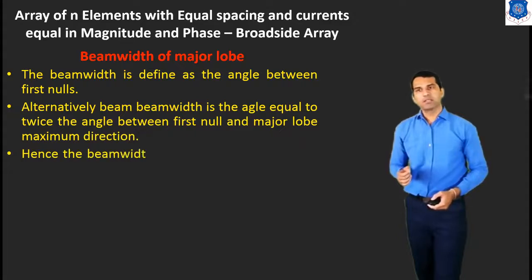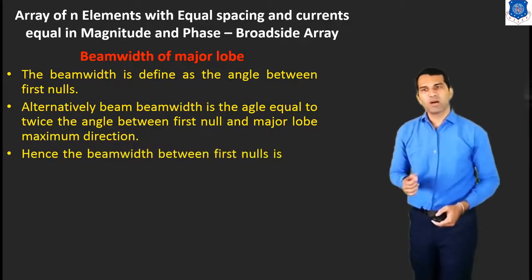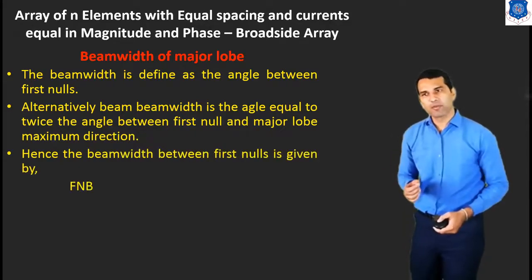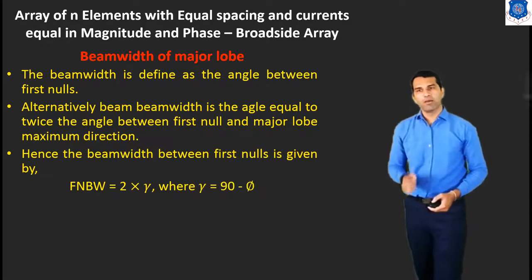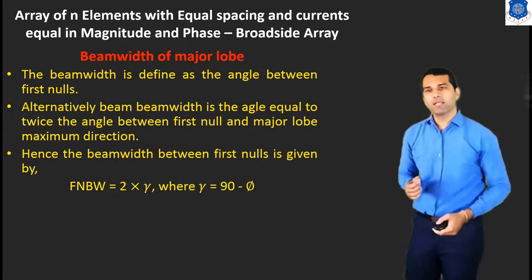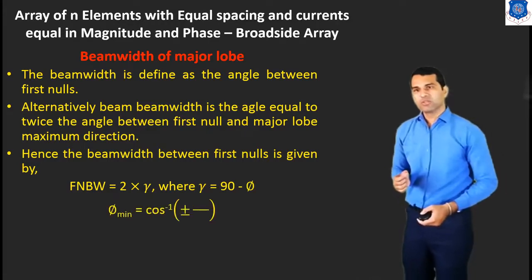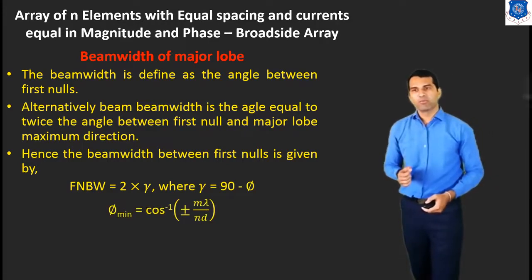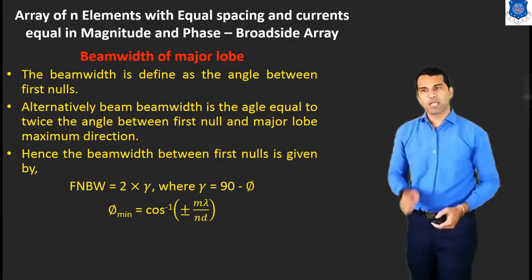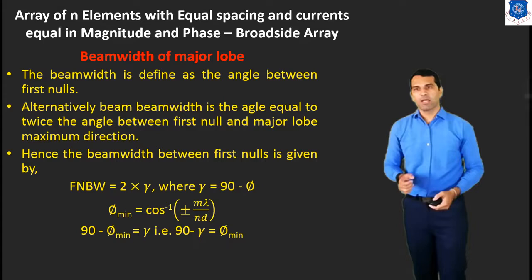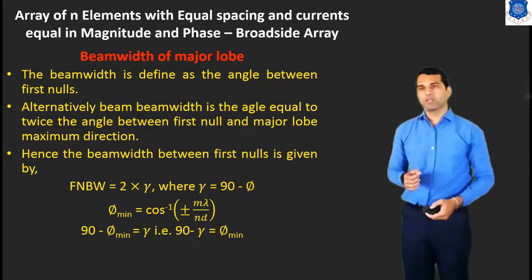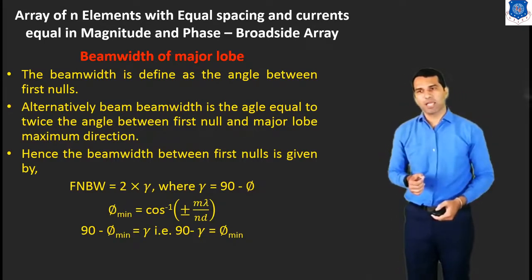Hence, the beam width between first nulls is given by FNBW equal to 2 times γ, where γ is 90 minus φ minima. For φ minima we have cos inverse of plus or minus mλ upon nd.